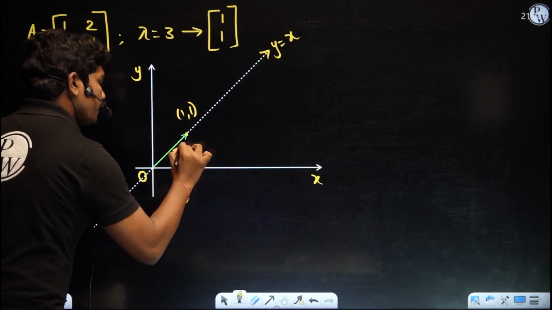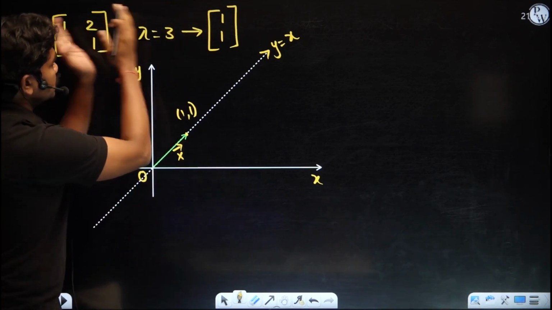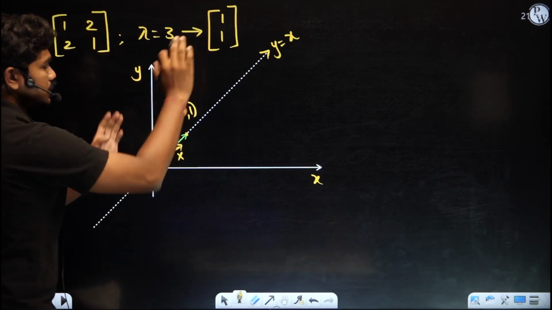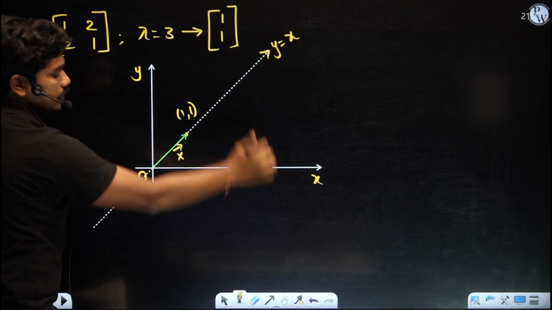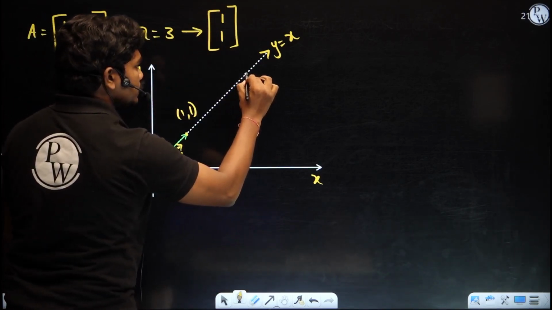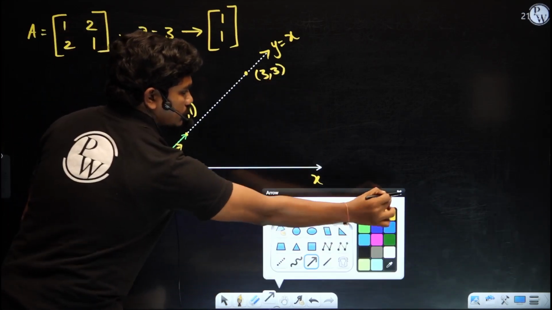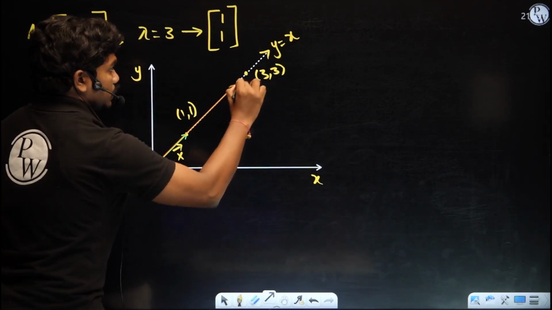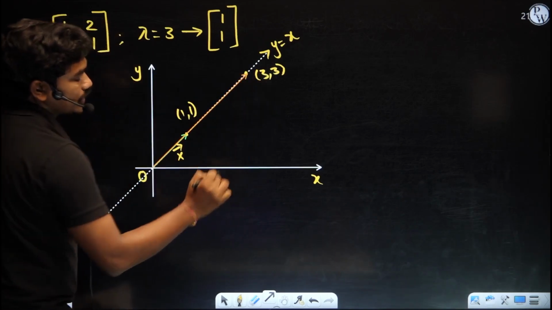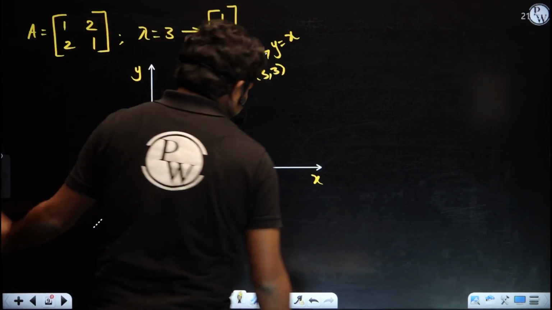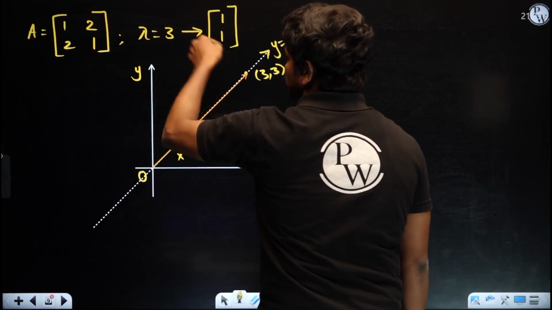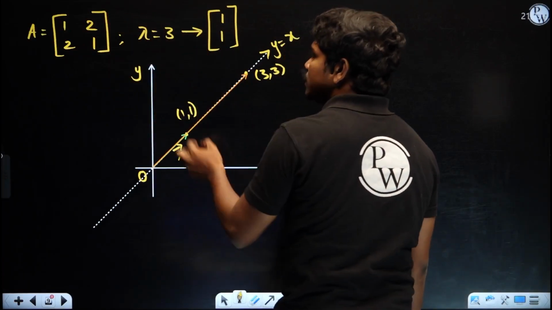If you multiply this matrix with this vector, the result will be 3 and 3. So the 3 comma 3 point will be somewhere here, and the transformation gives you this new vector. You get 1 plus 2, 3, and 2 plus 1 again 3.